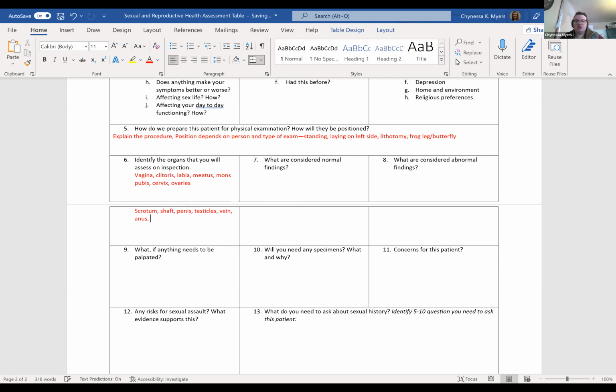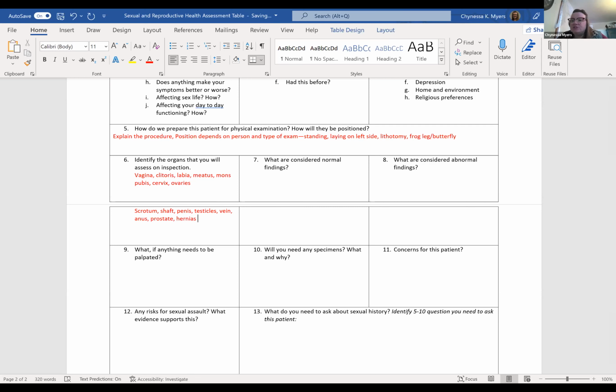Yep, scrotum, shaft, penis, testicles, the veins in the penis. Yep, glands, penis, anus, essentially the prostate. Also, yes, Brooke, we're also gonna assess for hernias at the inguinal and femoral sites.